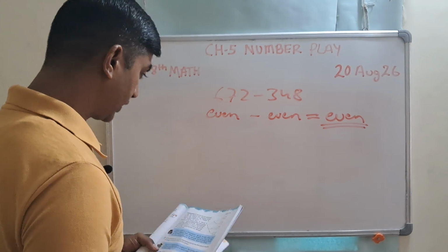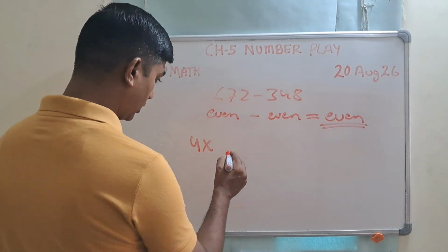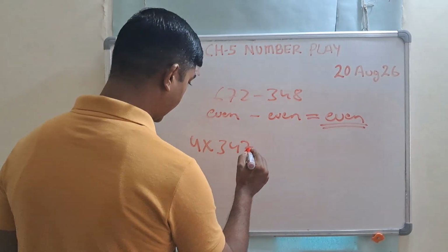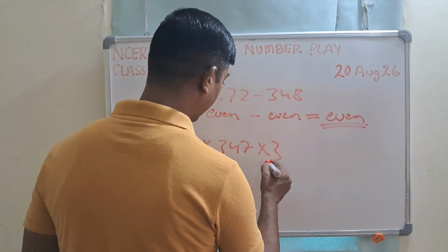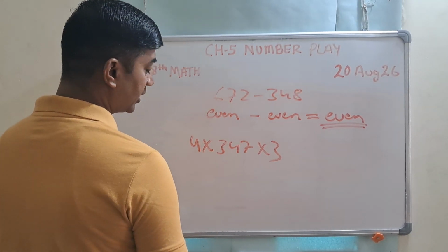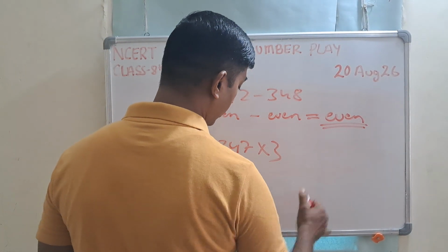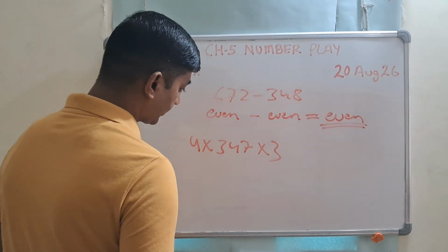What is next? The next is 4 into 347 into 3. Now what will the result of this expression be, even or odd? We will see. Now we have to understand that.